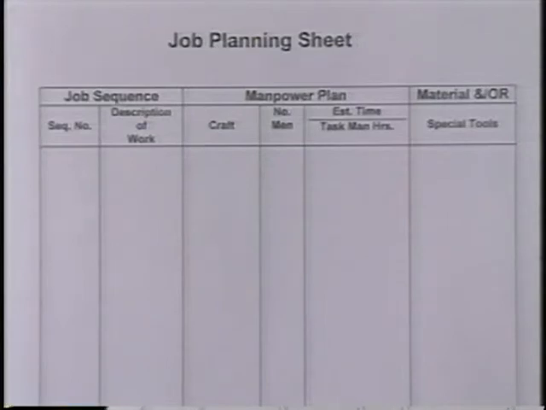Now the middle major heading is called manpower planning, and here we have the specific craft, the number of craft personnel, and you'll notice we have the estimated time, which is the time per task in man hours.